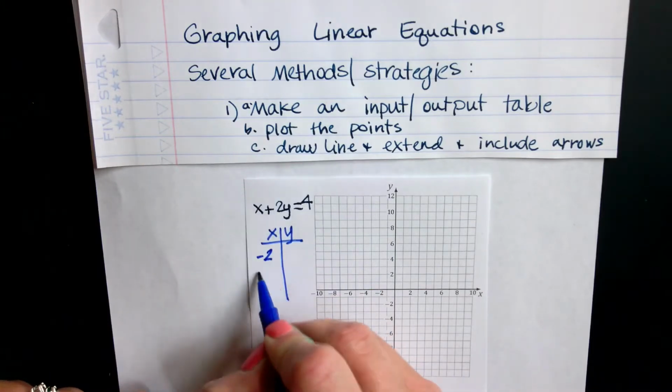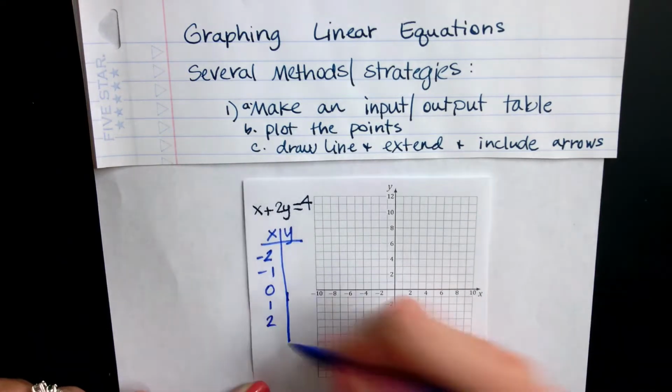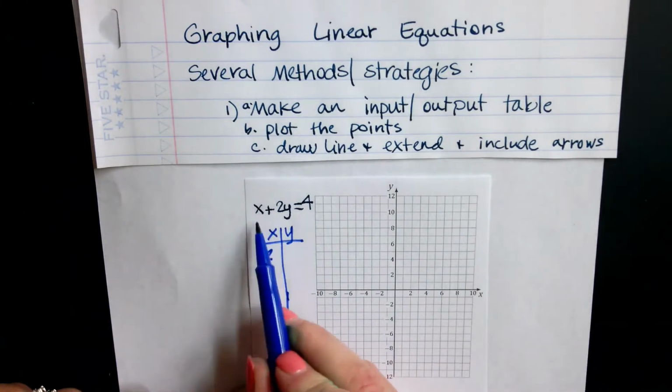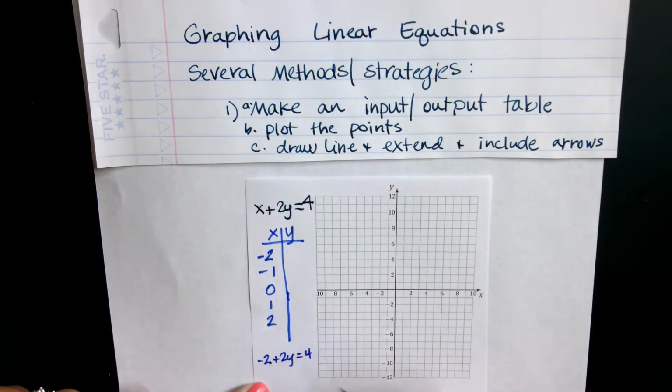So I like to put in positive and negative numbers to see what the pattern will look like on the graph. So if x equals -2, that means -2 plus 2 times y is going to equal 4.